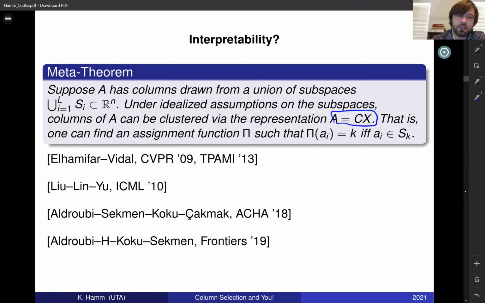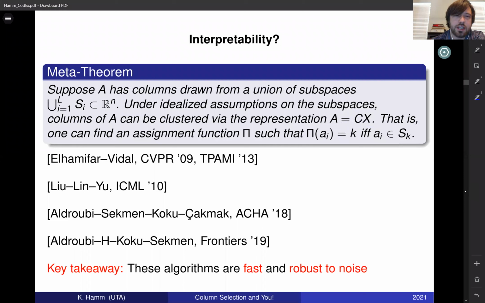So these references all give variations on this. The first two are based on some sparse minimization problems that are naturally similar to compressed sensing. And the last two find this directly from a matrix factorization.